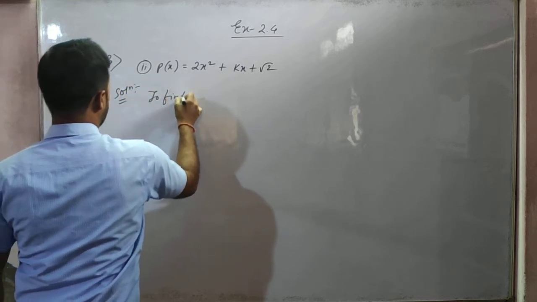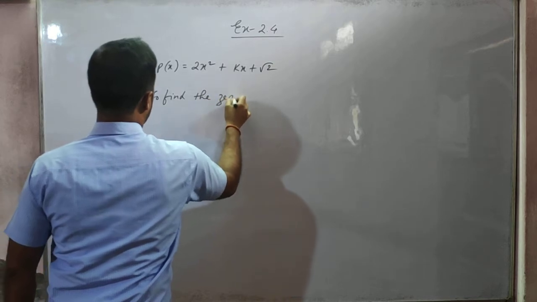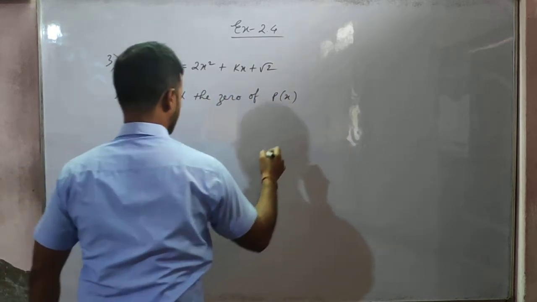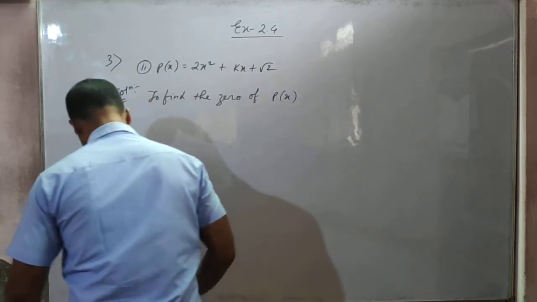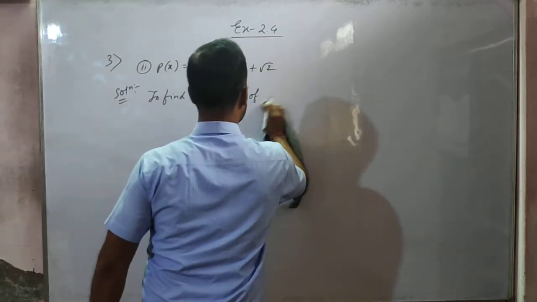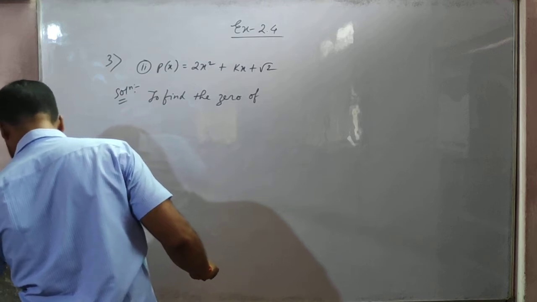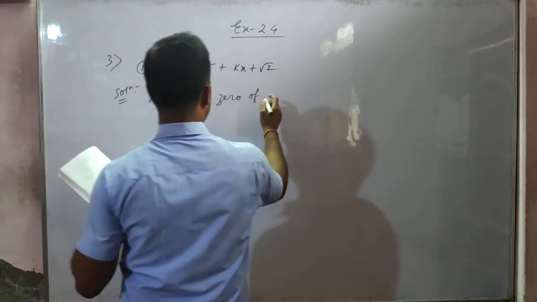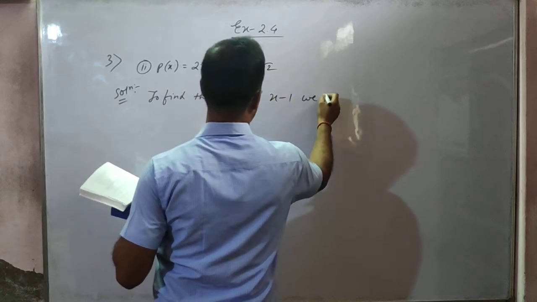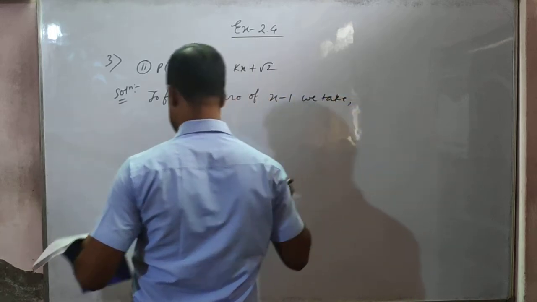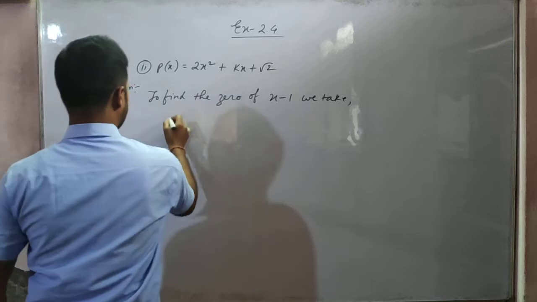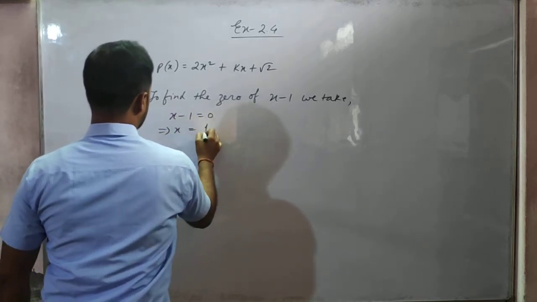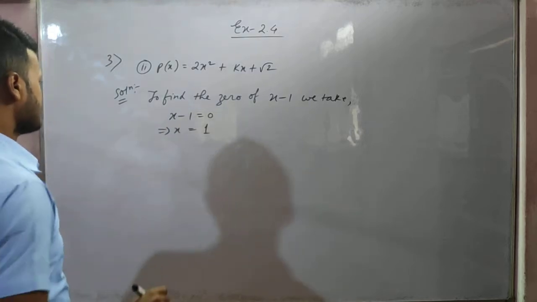To find the zero of, with what polynomial is it a factor? x minus 1, isn't it? To find the zero of x minus 1, we take x minus 1 is equal to 0, so x is equal to plus 1, isn't it?